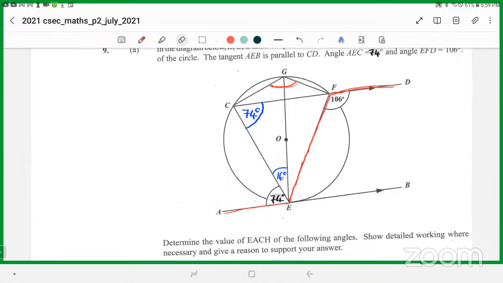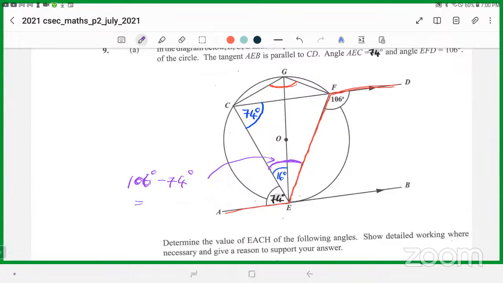Let's mark this angle in purple. It has to be 106 minus 74, because all of this is 106 because of that red Z. These two angles are equal. And if this piece down here is 74, then the remaining piece in here must be 106 minus 74. How much is that? 32?